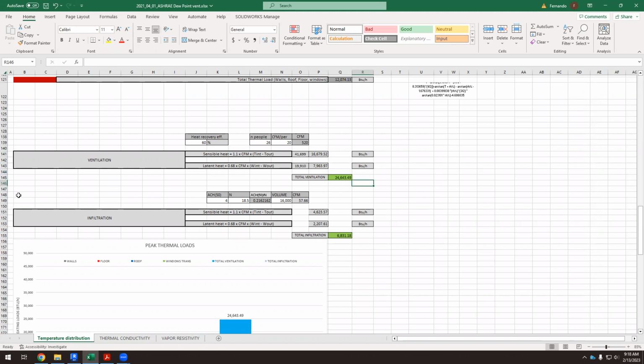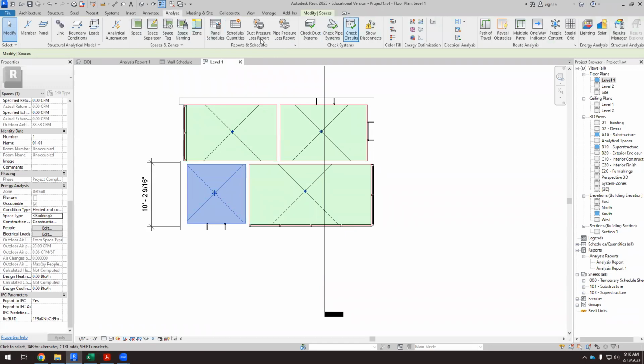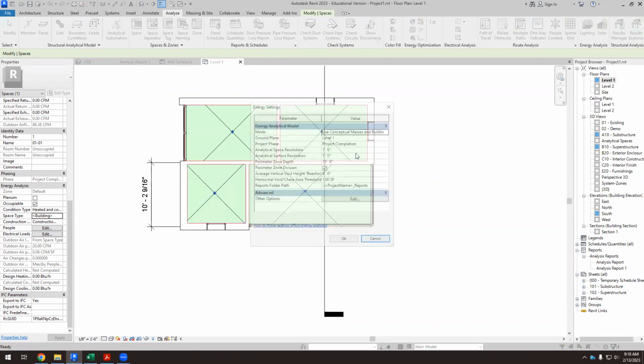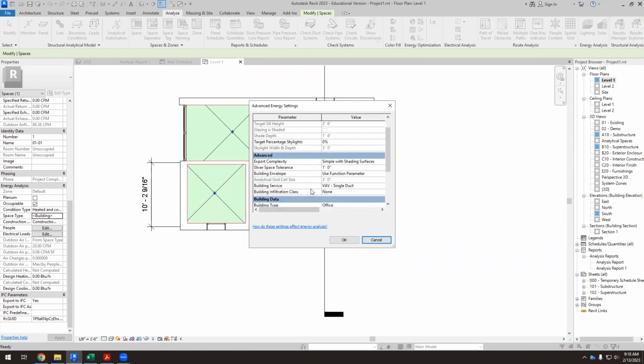When it comes to the infiltration, I have to check, look at Revit. If we go to the energy settings, the advanced energy settings, in infiltration class, we have different options.